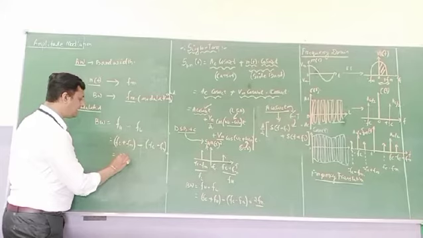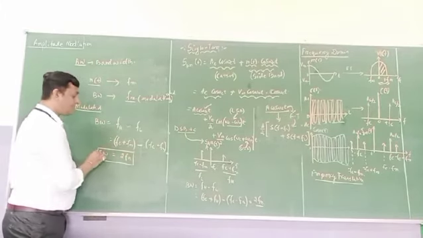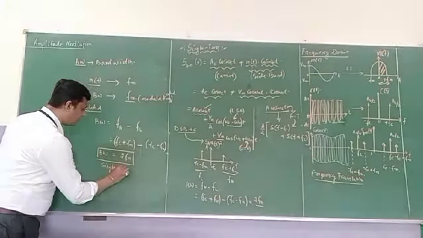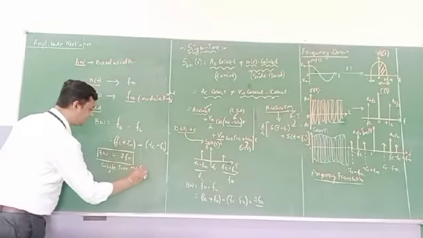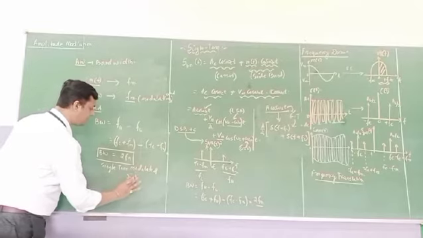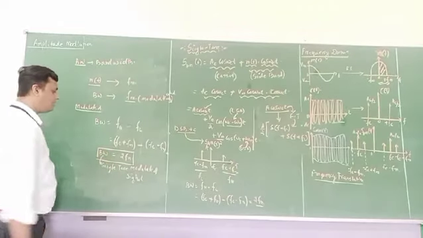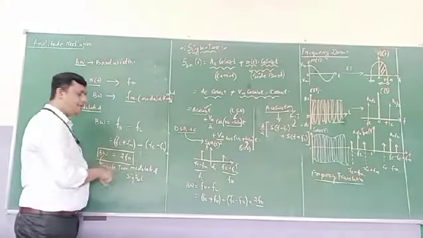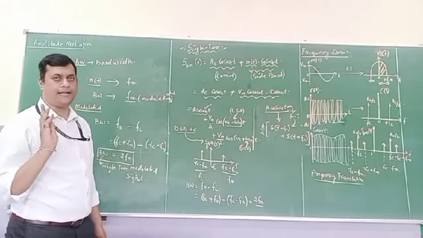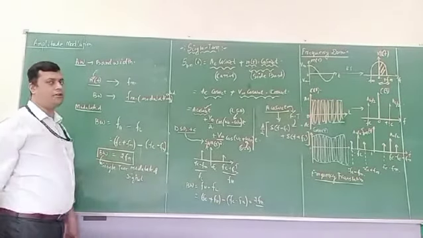If you solve this, you will get twice Fm. So this is the bandwidth of a single tone modulated signal. Why? Because in this modulation we have used only one frequency component or one modulating signal.